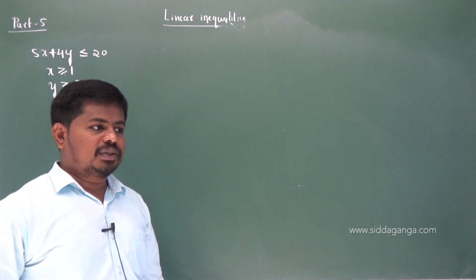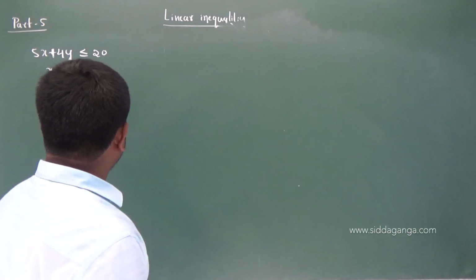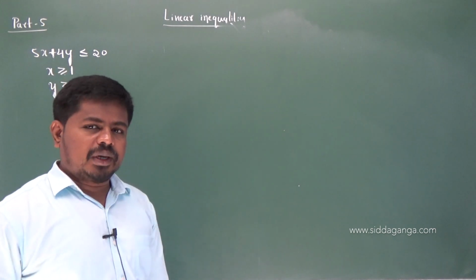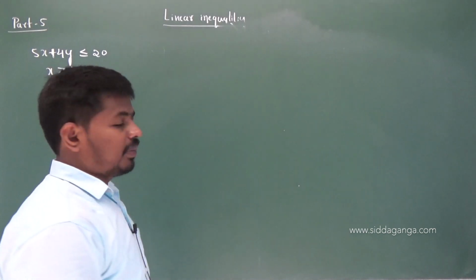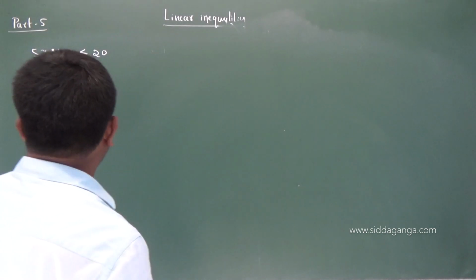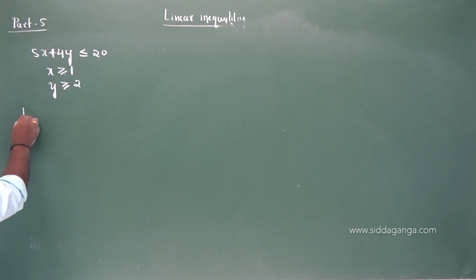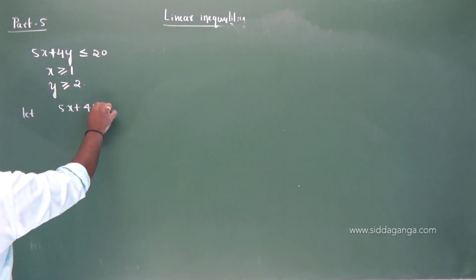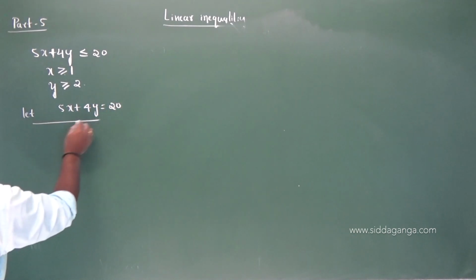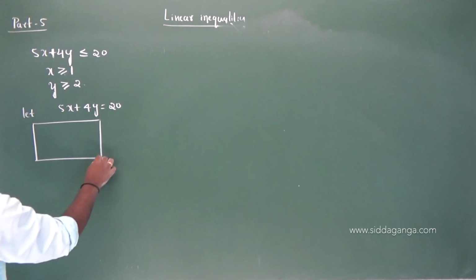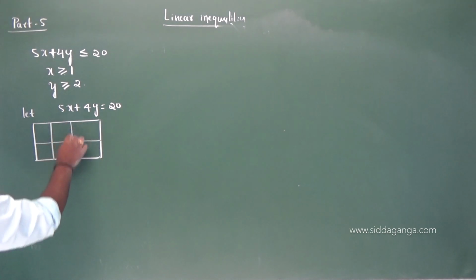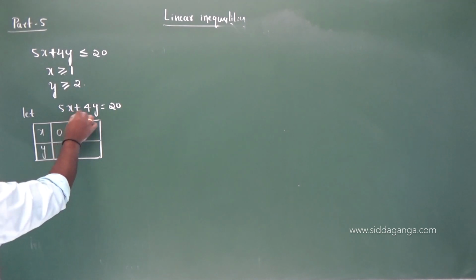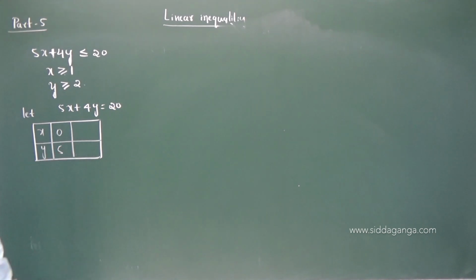It is a well-known thing that x is equal to constant is a line parallel to the y-axis, and y is equal to constant is a line parallel to the x-axis. So let's find the points through which the first line, 5x plus 4y equal to 20, passes. When x is 0, 4y is 20, then y is 5.